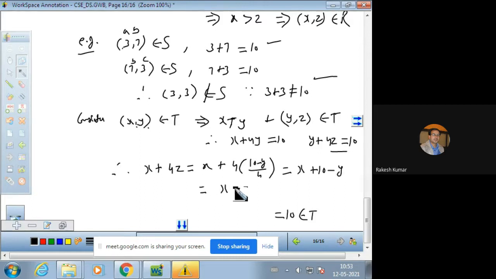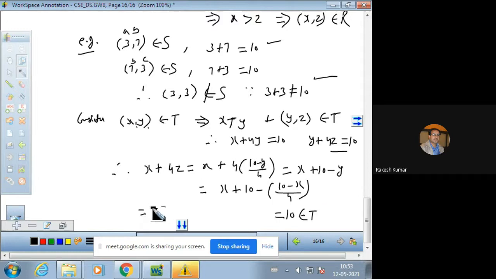So x plus 10 minus y. The value of y is 10 minus x over 4.